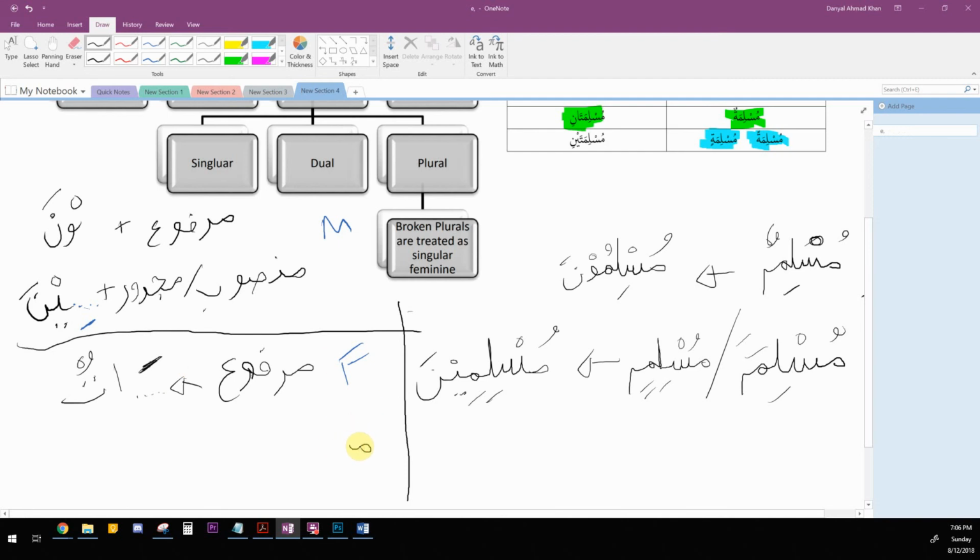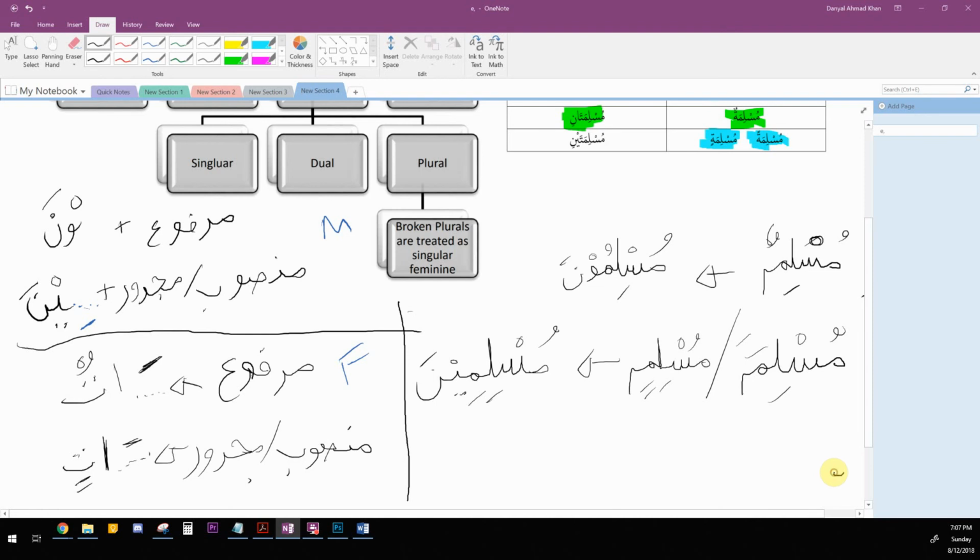And similarly for the mansub and the majroor states, you will be adding the fatha and the alif again and the ta again, but this time it's going to be kasra. That's it.